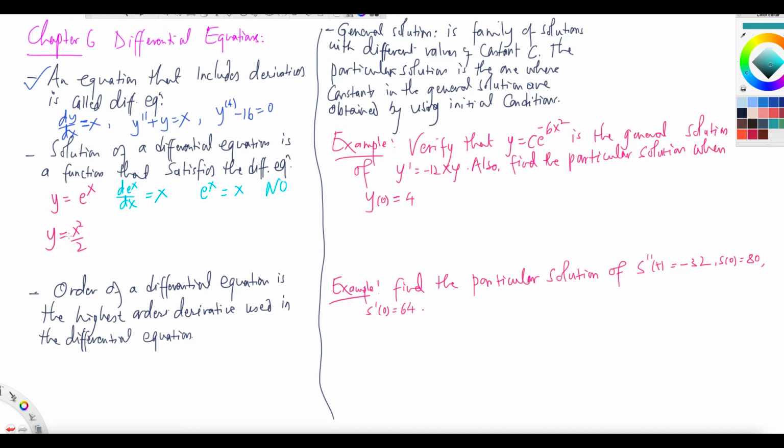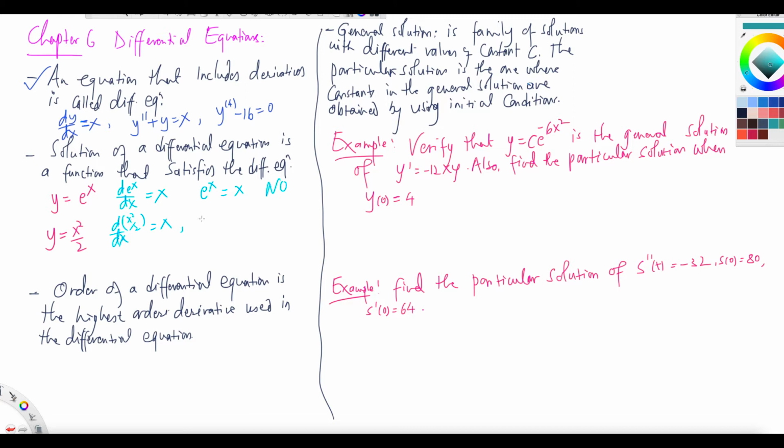Now let us plug in y equals x square over 2 in the same equation and see if it is the solution or not. So d over dx of y equals x, and in the right hand side we have x there. On the left hand side I replace y by x square over 2. Now what do you get?